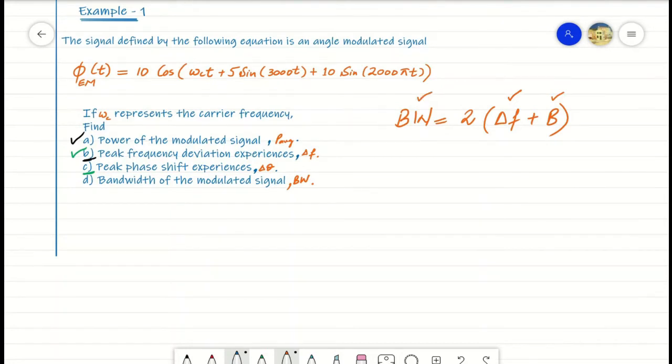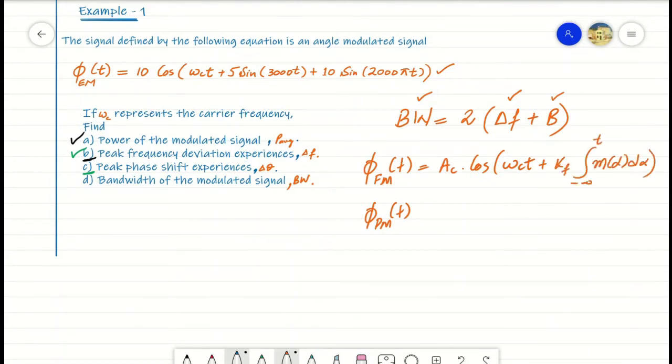Here we are given an expression of the exponential modulated signal, a time domain expression, where it may be a frequency modulated signal or it may be a phase modulated signal. If we recall the time domain expression of both frequency and phase modulated signals, in the frequency modulated signal, the integral of the information signal is added in the instantaneous phase, and in the case of phase modulation, the information signal in its original form is added in the instantaneous phase.